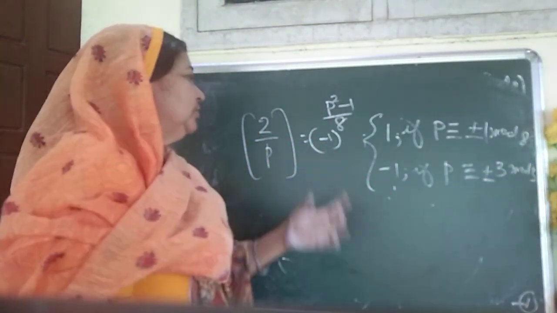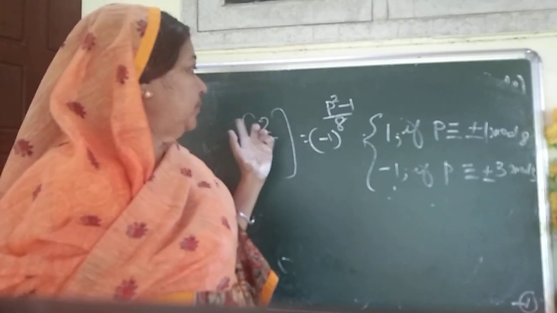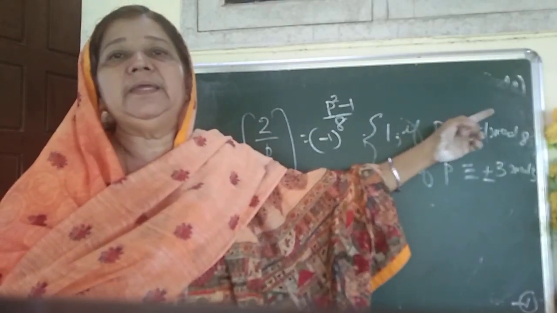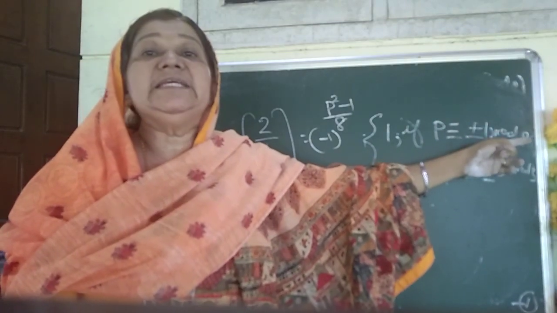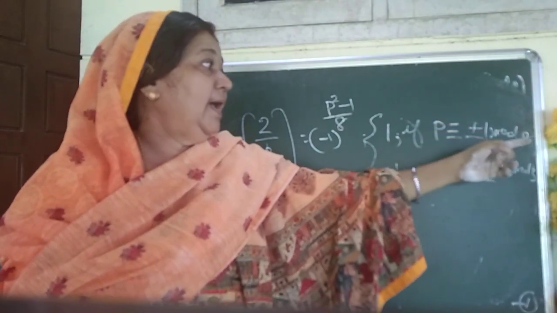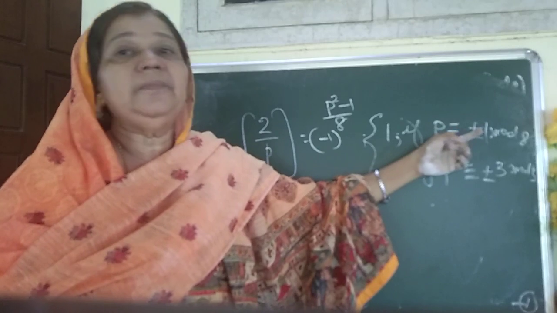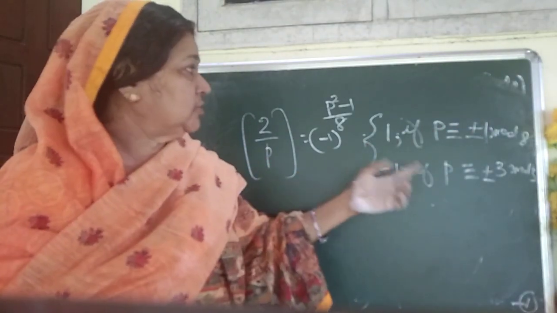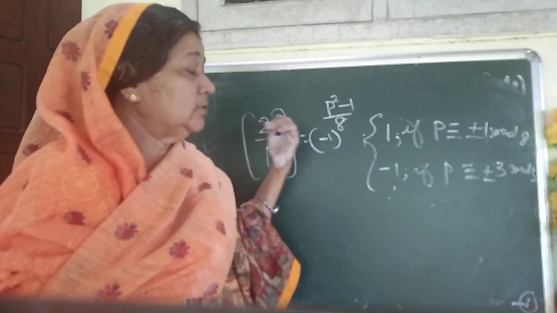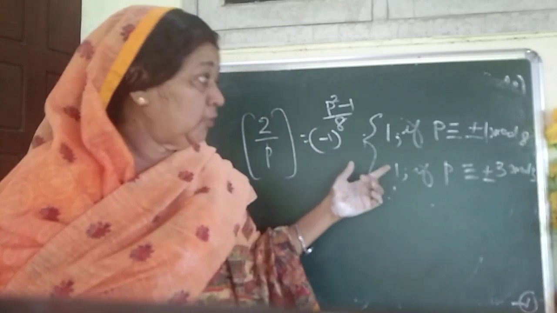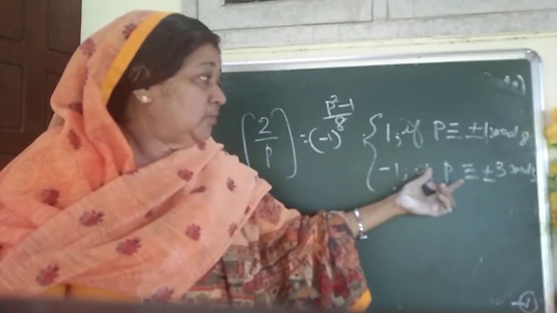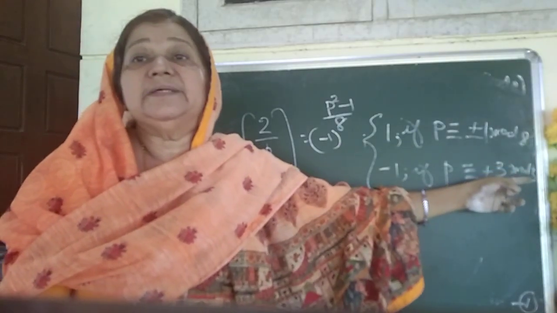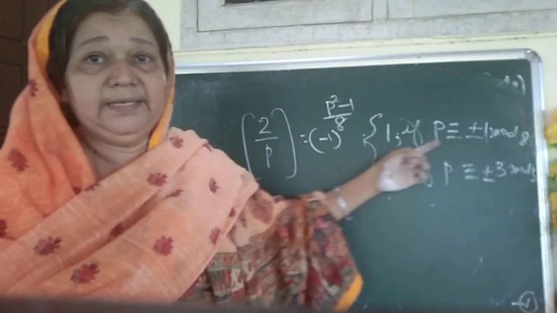So 2 belongs to the quadratic residue modulo p if p is of the form 8n plus 1 or 8n minus 1. But 2 belongs to the non-quadratic residue modulo p if p is of the form 8n plus 3 or 8n minus 3. Let us see.